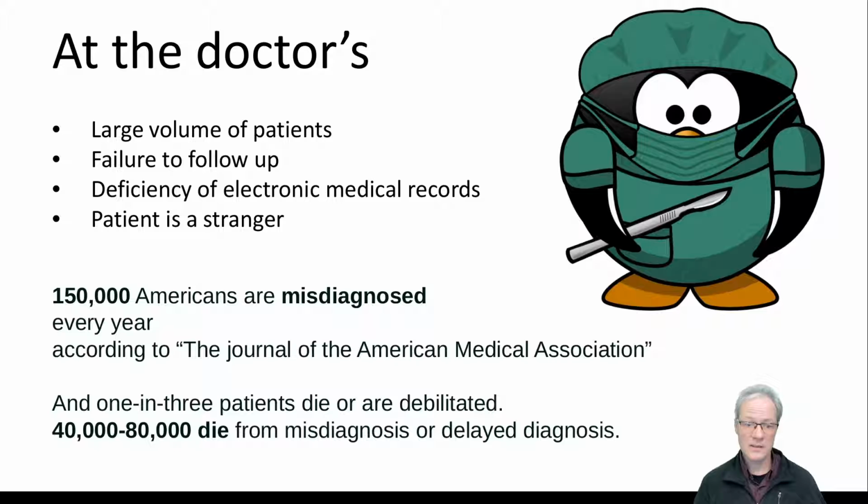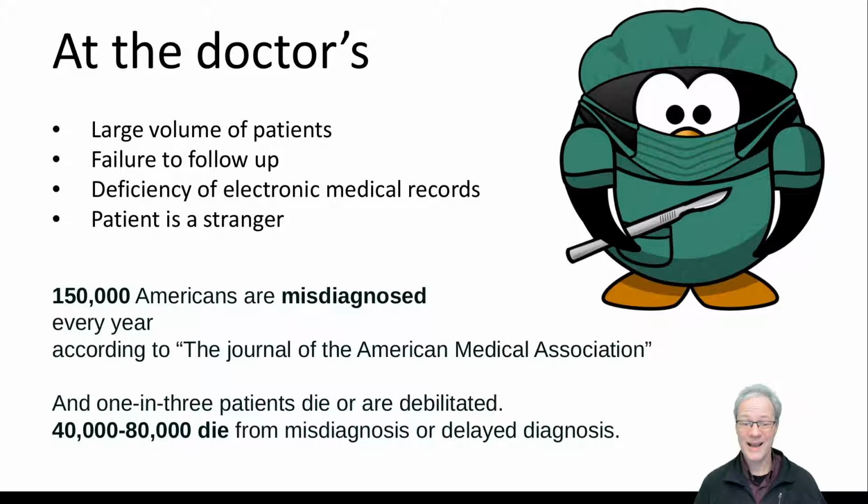As a result, there's a statistic that about 150,000 Americans get misdiagnosed every year. That's coming from the Journal of the American Medical Association. All right, that's a little bit disturbing, isn't it? So that so many people have their diagnosis mixed up with something else, right?